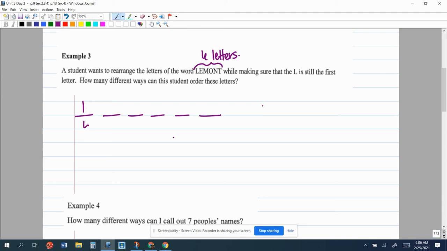Now, in the second, third, fourth, fifth, and sixth positions, they don't care. So that means I have 5 different letters to choose from here, 4 different letters to choose from here, 3, 2, and 1. There will be only one letter left at the end. And I'm employing the fundamental counting principle. When I go ahead and multiply, I find that there are 120 ways in which I could rearrange the letters of Lamont.